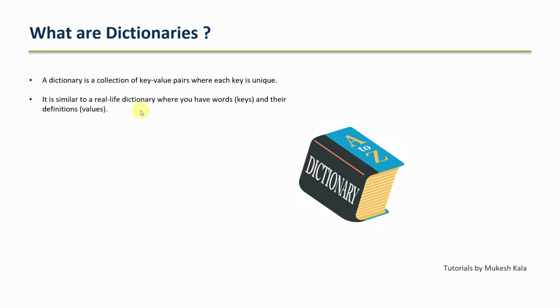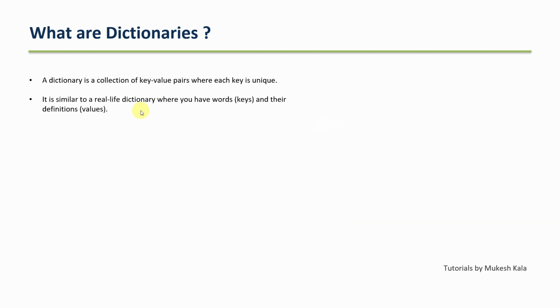Basically it's nothing but a key, which is the actual word, and the value is the description. So whenever you want to store or manipulate data in Python following a good structure where you have the key and the value, that is called a dictionary.